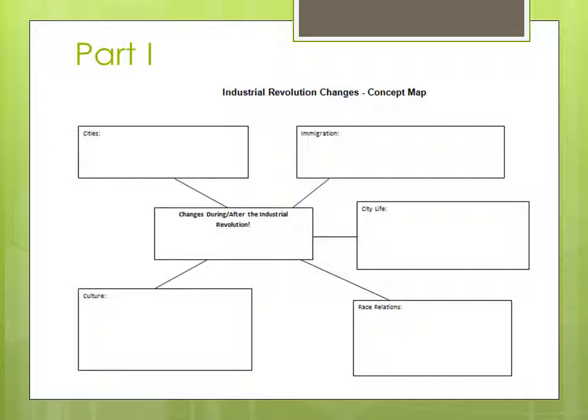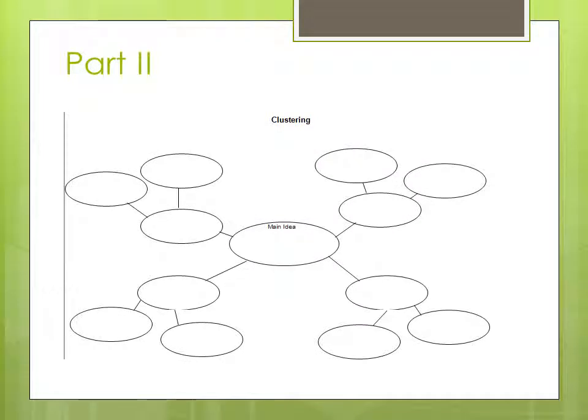Okay, so in the cluster diagram, you're going to take one of those main ideas. So let's say you took immigration, and you're going to find 4 main ideas related to immigration. So for example, and I'm trying not to give too much away, immigrants came from Eastern Europe.